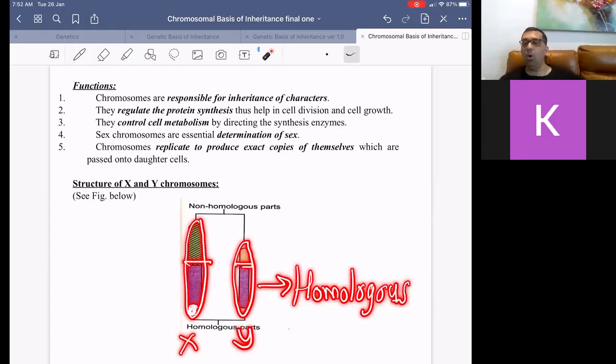Gene for ovary, gene for testis, gene for fallopian tube, gene for vas deferens, gene for egg, ovum, gene for sperm, gene for estrogen progesterone, gene for testosterone, gene for Bartholin's gland, genes for Bartholin is similar if you remember.